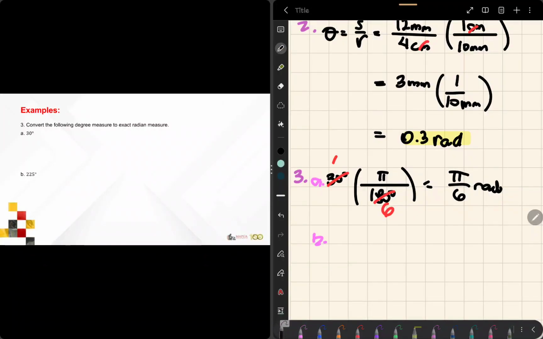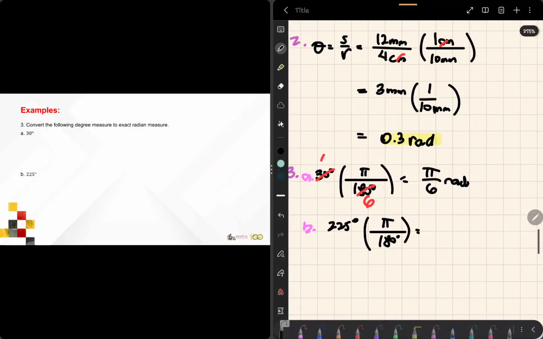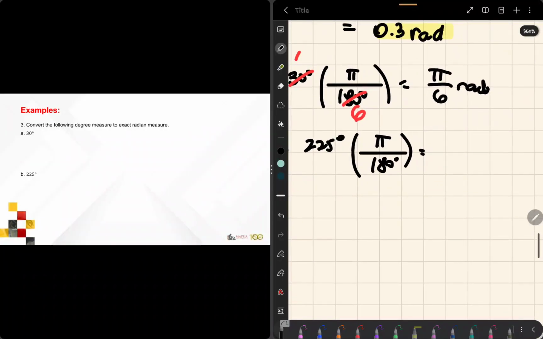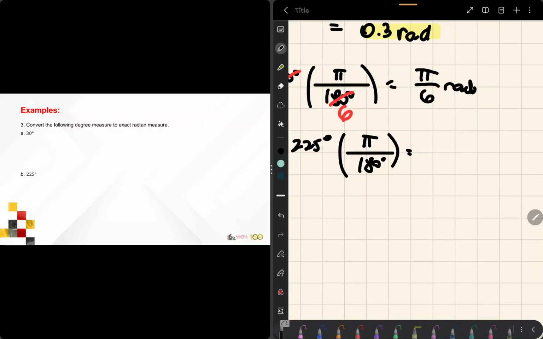For letter B, we have 225 degrees. So if we convert this, we have again pi over 180 degrees. First, if we don't have our calculator, we can divide both of these numbers by 5 to get the most simplified value.